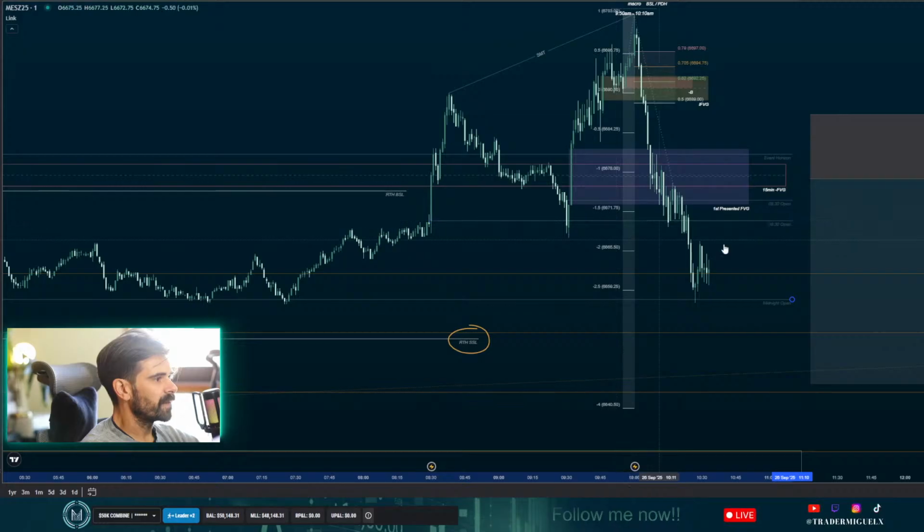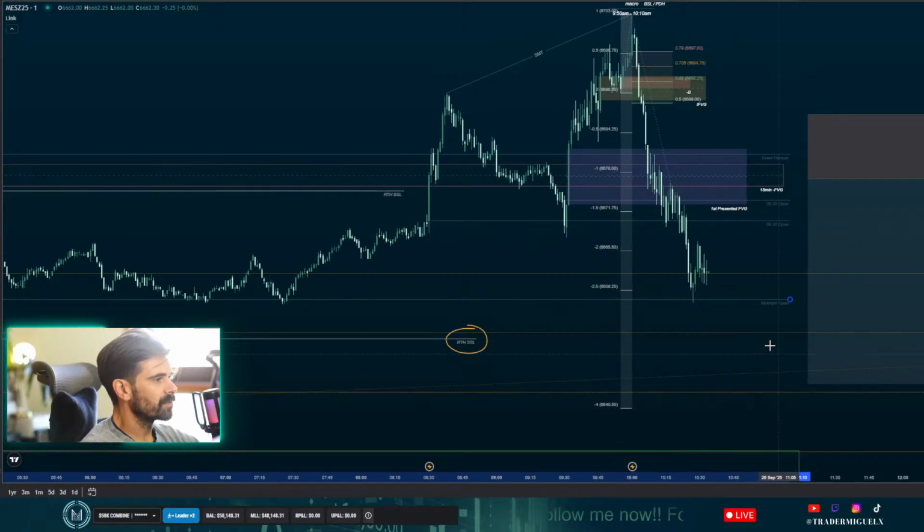Minus 1.5 standard deviation and then look for a continuation lower. That would be an ideal scenario. And in the meantime, 1050 macro is also approaching.